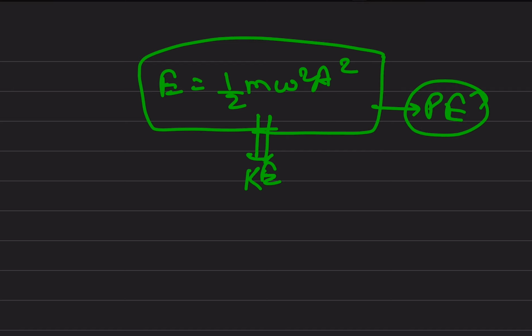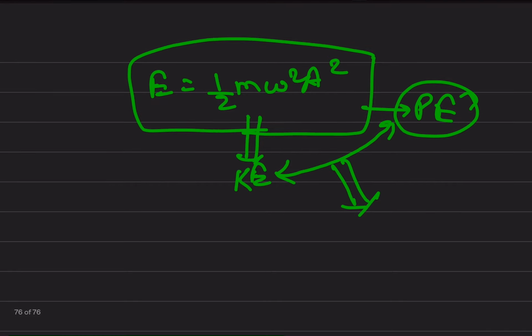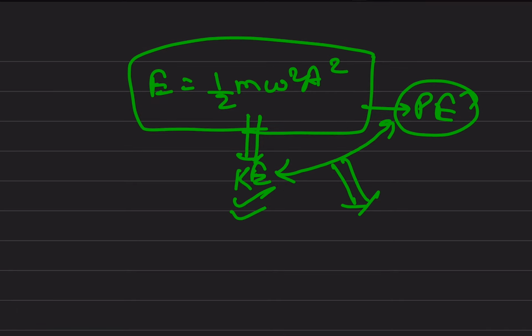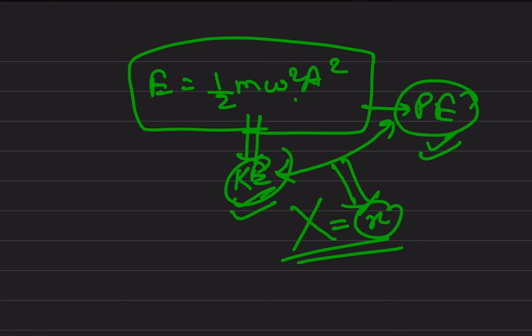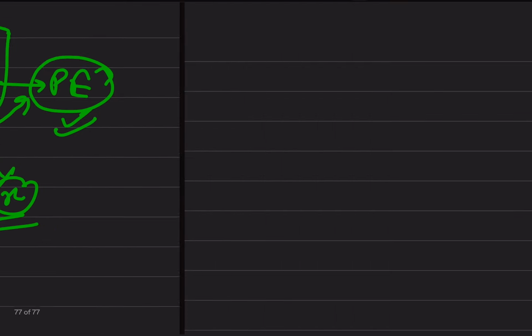But the total energy at any point, with both kinetic and potential energy, will be equal to this only. At the mean position it is purely kinetic, so half m omega square a square. At the extreme it is purely potential, so half m omega square a square. At a particular distance x, the sum of both remains the same, so the total energy will always be equal to half m omega square a square. Okay, thank you.